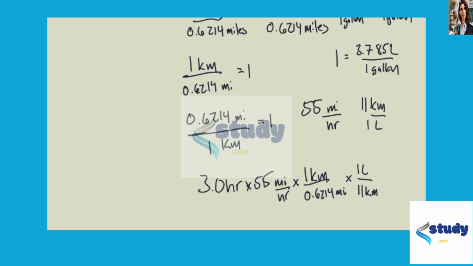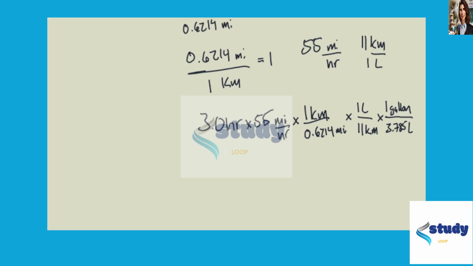And finally, we're going to convert liters into gallons using that conversion factor of 1 gallon for every 3.785 liters. And so what will happen to our units is that hours will cancel with hours, miles will cancel with miles, kilometers will cancel with kilometers, liters will cancel with liters, and our final answer will be in gallons.